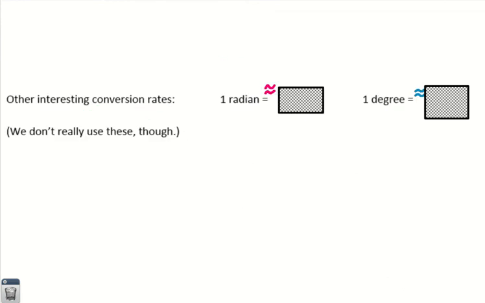Oh, speaking of that, to give you a little bit of perspective here, when we think of the relationship between radians and degrees, you should think of the whole 180 degrees as exactly pi radians. But here's a couple other interesting conversion rates.